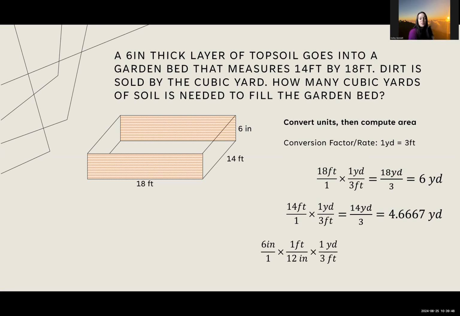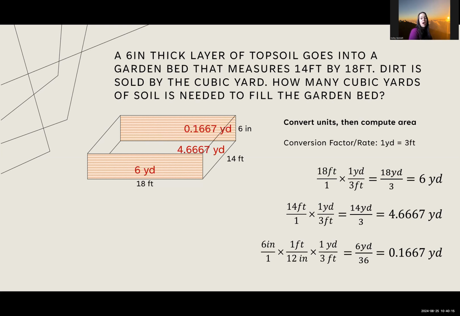And the height, this one is a double step conversion. We're going to go from inches to feet and then feet to yards. So the first conversion factor applied is 1 foot per 12 inches. That eliminates inches and leaves us in feet. And then we'll go from feet into yards by using 1 yard equals 3 feet. So multiplying straight across gives us 6 yards over 36, or 0.1667 yards.